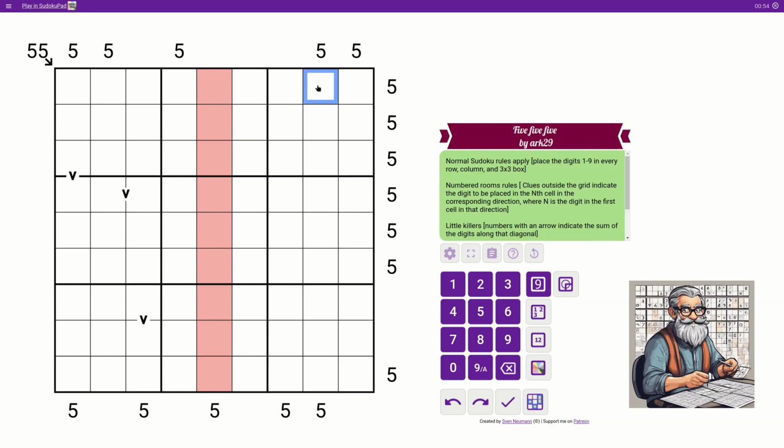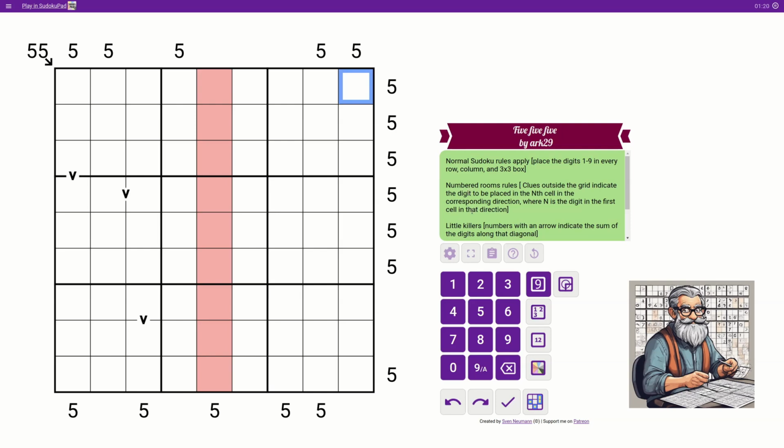If this is 4, for instance, this is 4. If this was 3, this would be 5. If this is 9, this would be 5. From the right, it would work in this direction, so east to west, and the same way. This one goes from bottom upwards.